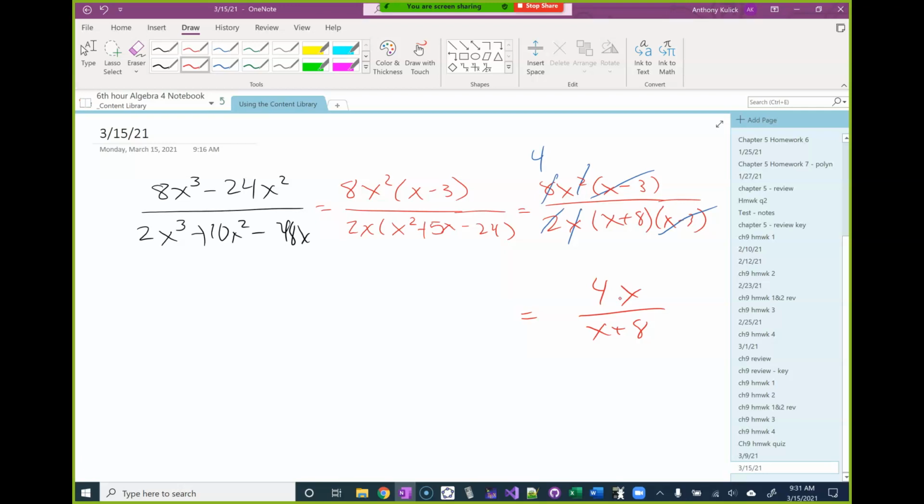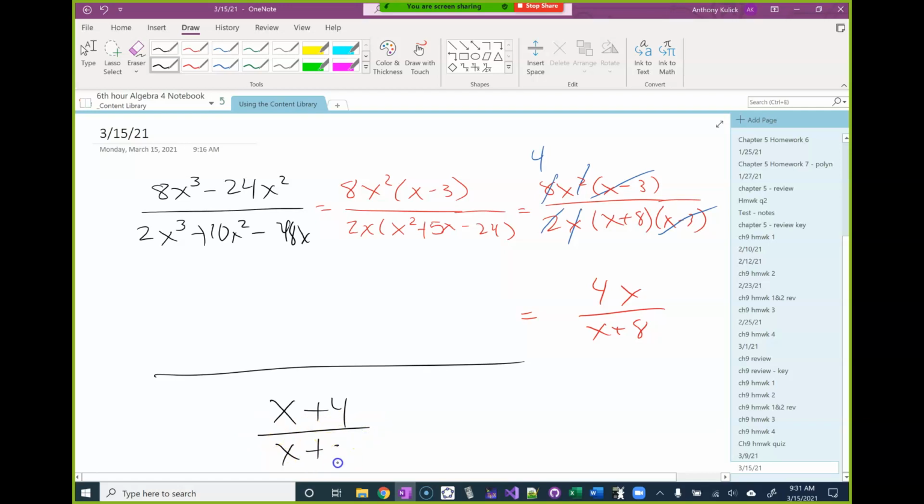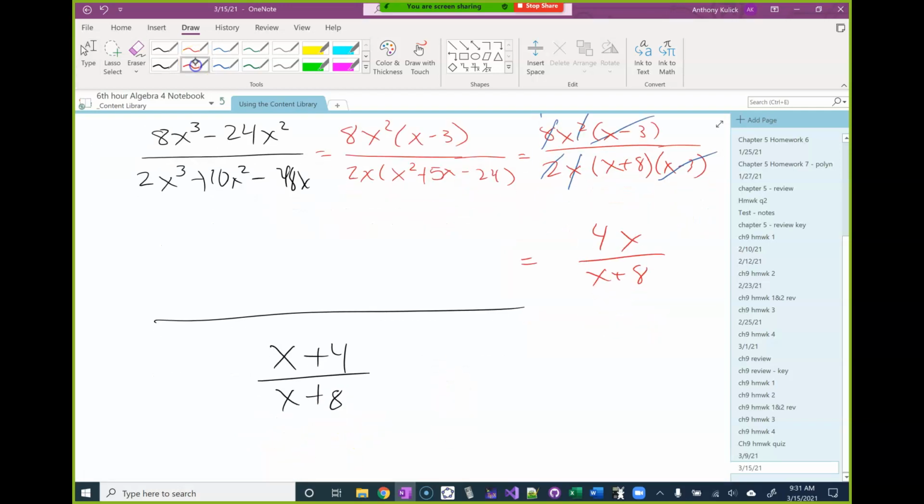Okay, so I have a question. If there was another thing in parentheses on the top, like x plus 4, could you reduce the x plus 4 and the x plus 8? No. So you have to keep it in the parentheses? Yes. The big thing with reducing is this you can never do, because there's a plus sign in between them.